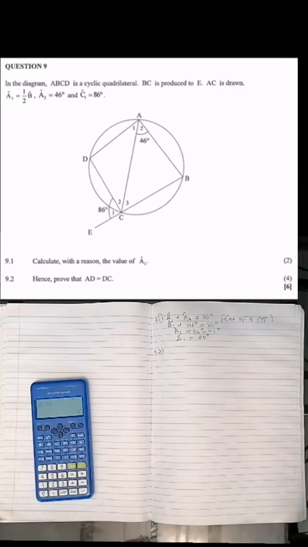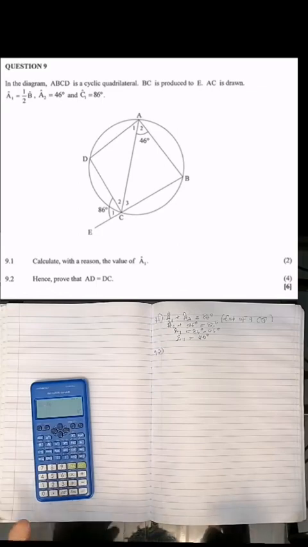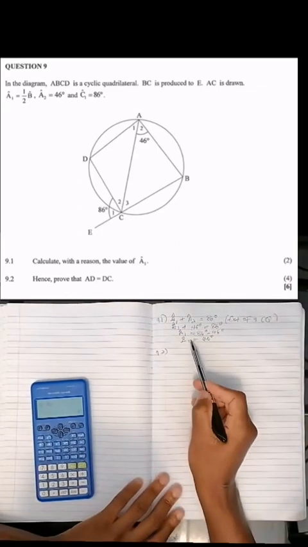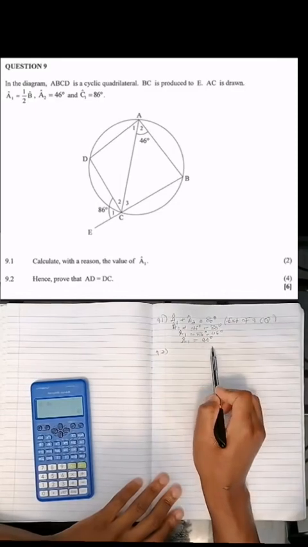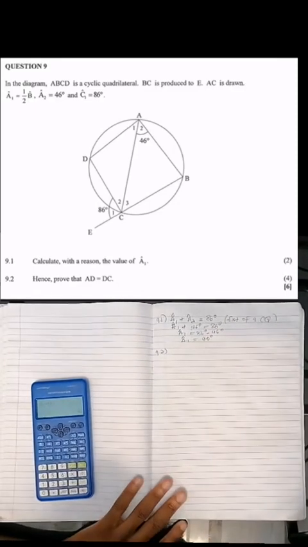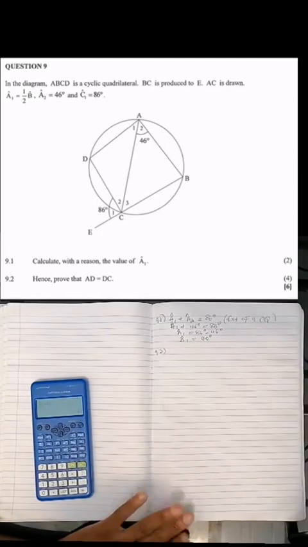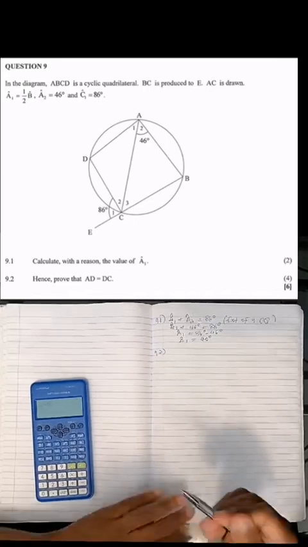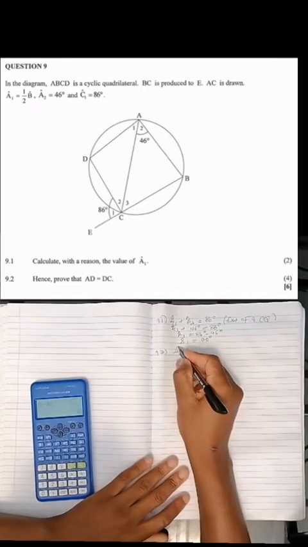Now the second question says we should prove that AD is equal to DC, which are lengths. So we know that angle A1 is equal to 40 degrees, right? Now let's find angle B. We are given in the statement that angle A1 is equal to half of angle B.